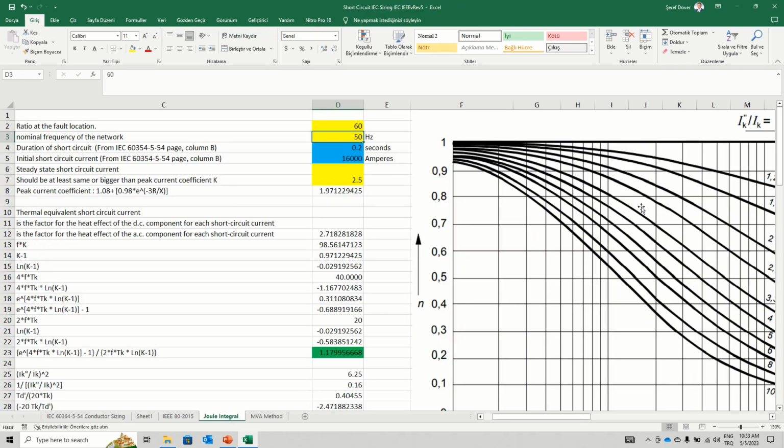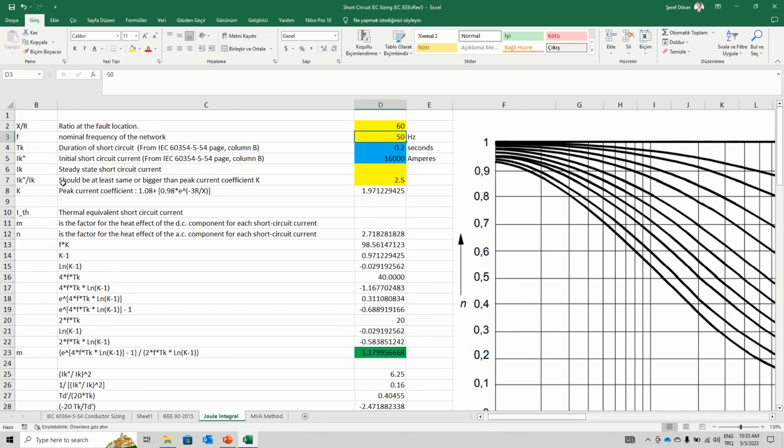As I told you, there are two different coefficients in the Joule integral, M and N, and by using these two of them, we can determine initial short circuit current divided by steady state short circuit current. By the way, by chance I wrote 2.5 for these given cases. Let's say X over R is 60, our frequency is 50, and time duration is 200 milliseconds.